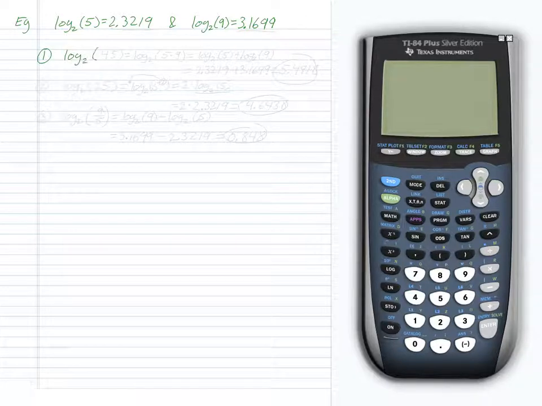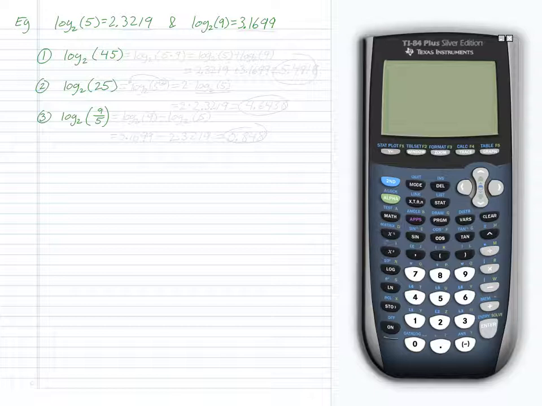Log base 2 of 45, log base 2 of 25, and log base 2 of 9/5.